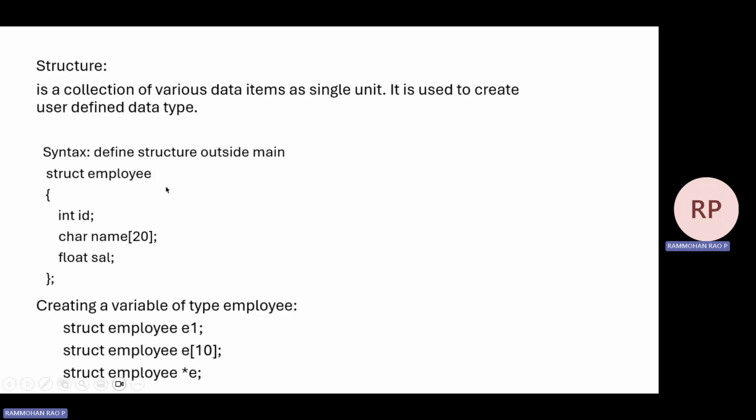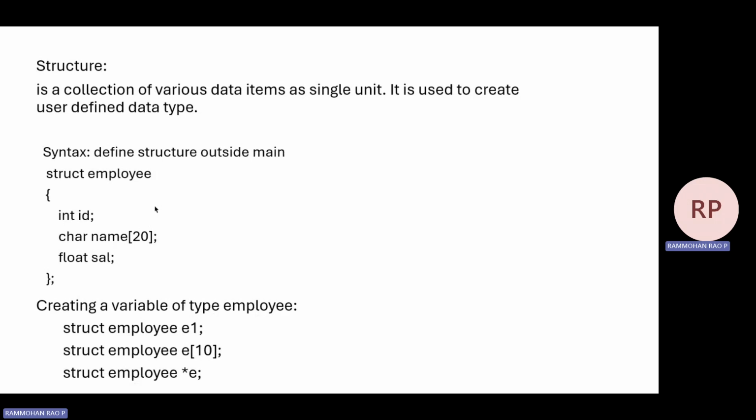Sometimes, if I use the sizeof operator and see how much was allotted for E1, then maybe I may see 28. If that happens, don't think something went wrong. Actually, it is 26 bytes, but you got 28 or 27. Please don't think that something went wrong. I'm not saying every time it will happen, but it can happen.